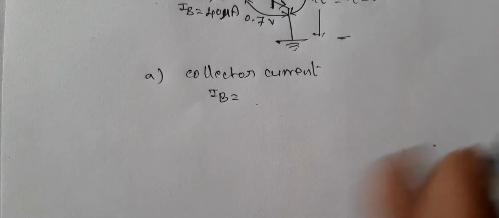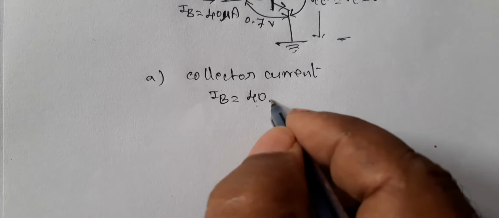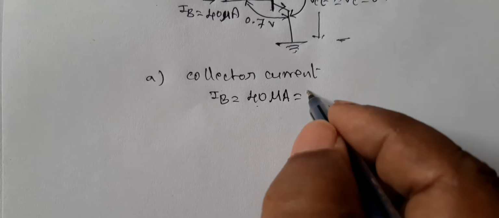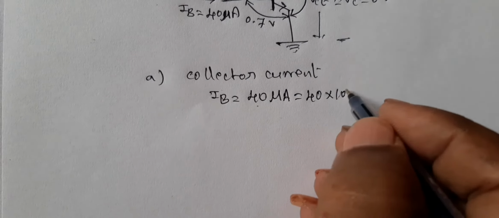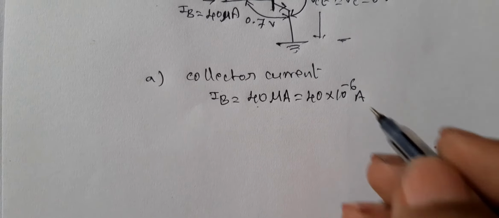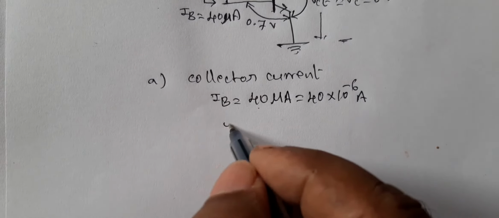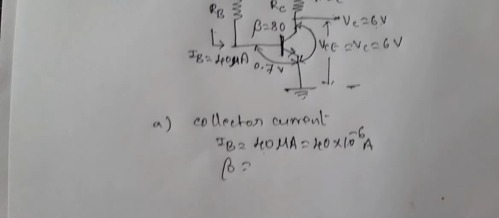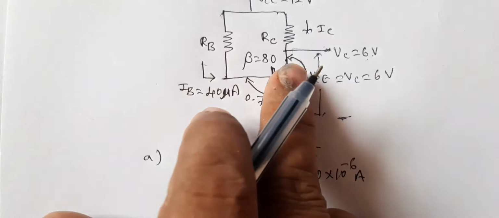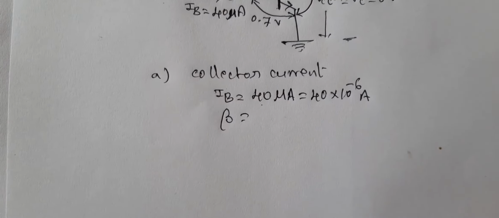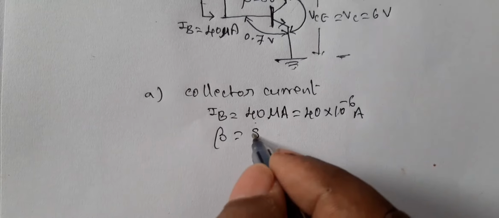Base current is 40 microampere, that is equal to 40 into 10 power minus 6 ampere. And the current gain beta is given in the circuit. Beta equals 80.